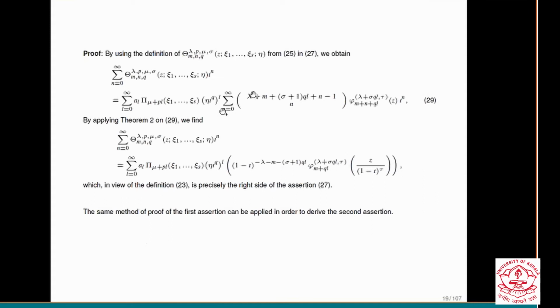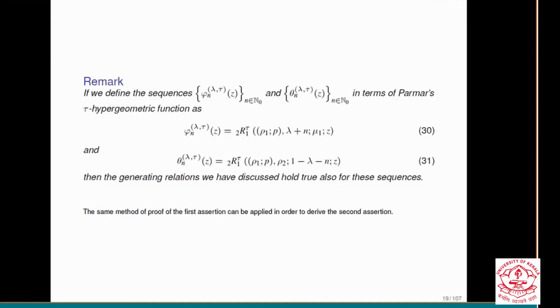The proof of this is given here as equation number 29, and applying theorem 2 on 29, we get this very wonderful result, and the same technique we can apply for obtaining the other results also.